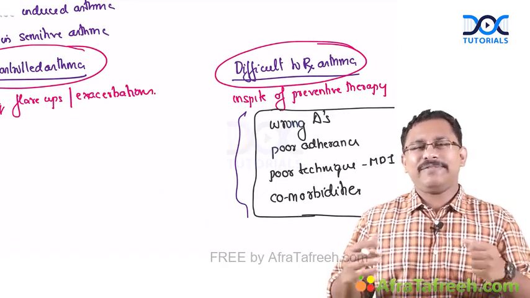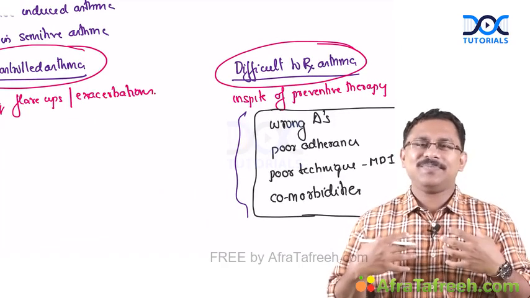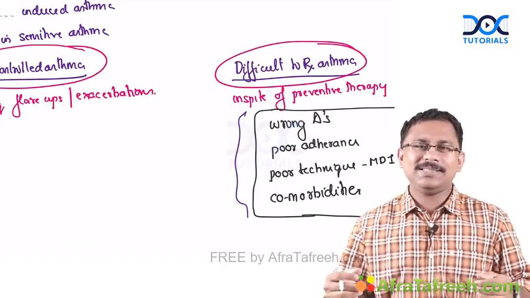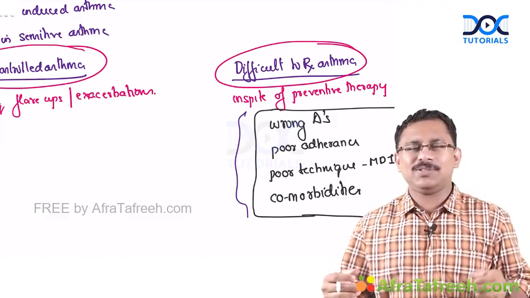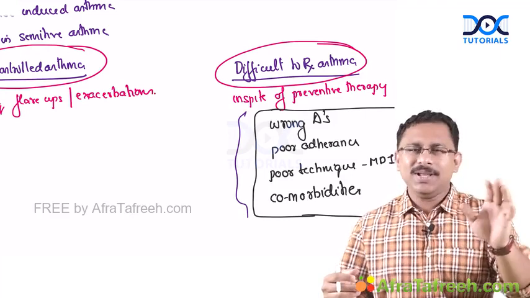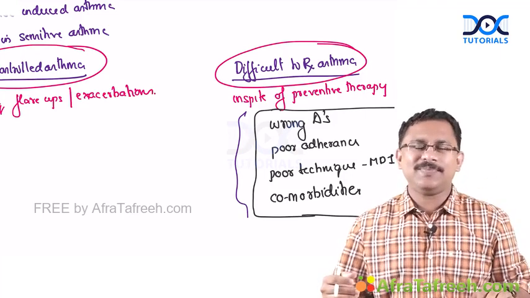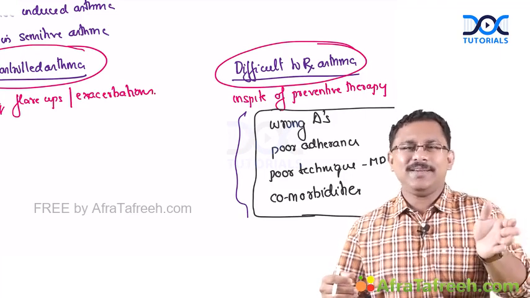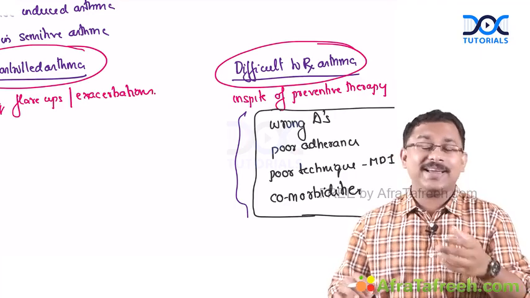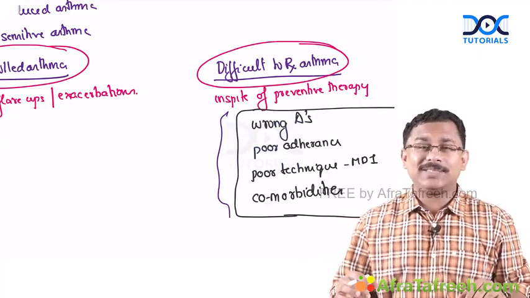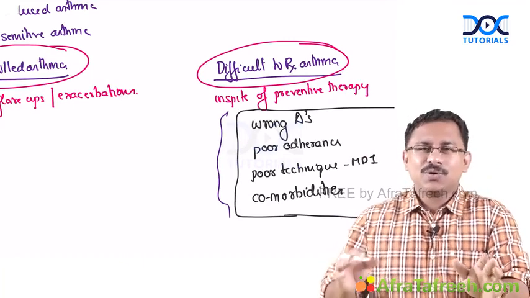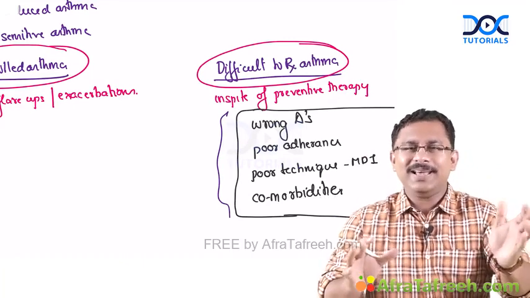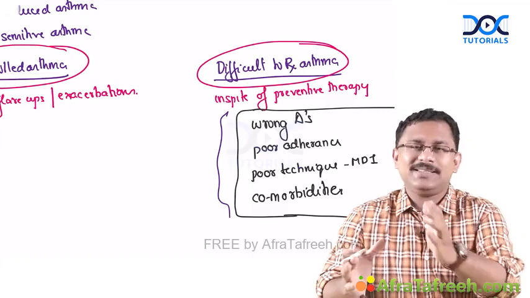For example, if I am treating a patient with asthma who is having frequent episodes, I might casually write this is an uncontrolled asthma. The same patient, if he is under your follow-up, you might say this is a difficult to treat asthma. Somebody else would say this is a severe asthma. So it does not convey a meaning unless it has a proper definition.